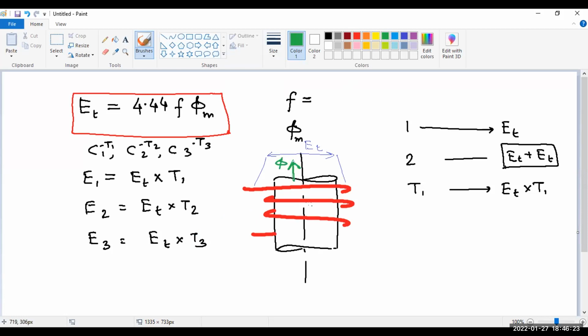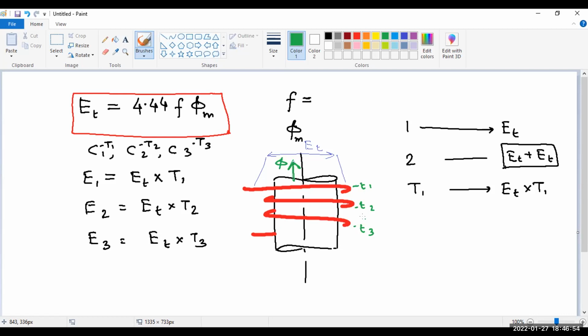Okay, and you see one thing. This is your turn 1, this is your turn 2, this is your turn 3. Here we have considered only 3 turns. Now, if I take the axis of the first turn, the axis of the second turn, and the axis of the third turn, they are all on the same axis.